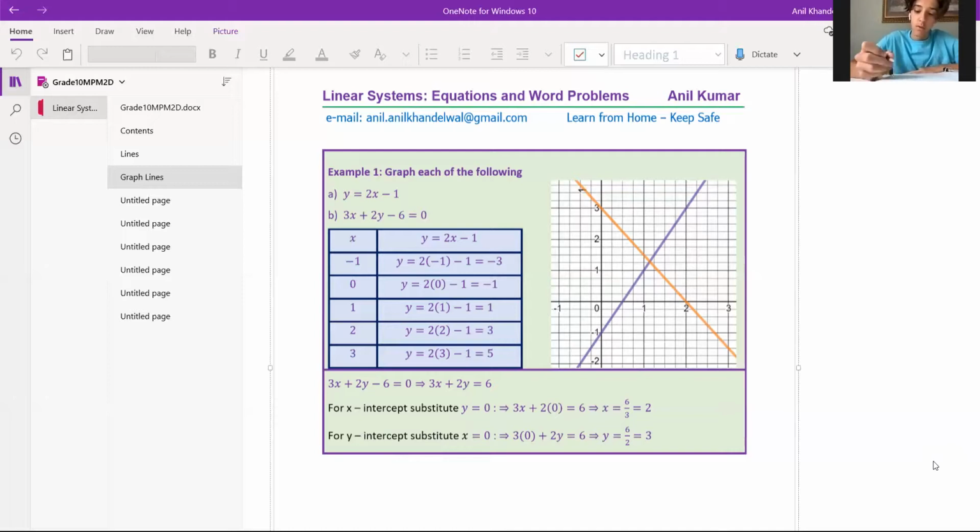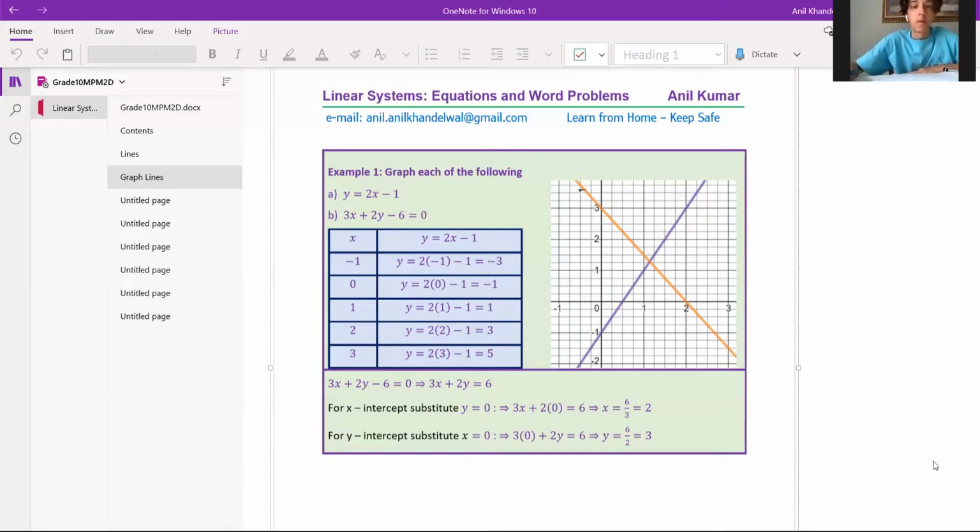Now that brings us to the topic, which is linear systems. What does a linear system mean to you? Can you guess and tell me what a linear system is? A linear system is when you have 2 equations, but they're both quite the same. Okay, you're quite right that a linear system will involve more than one equation.